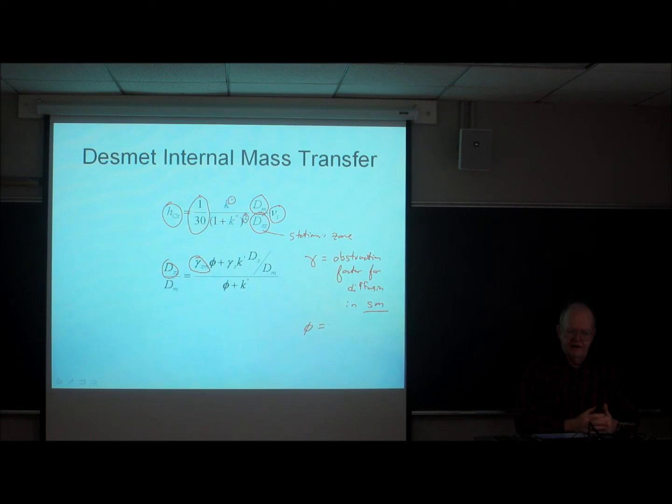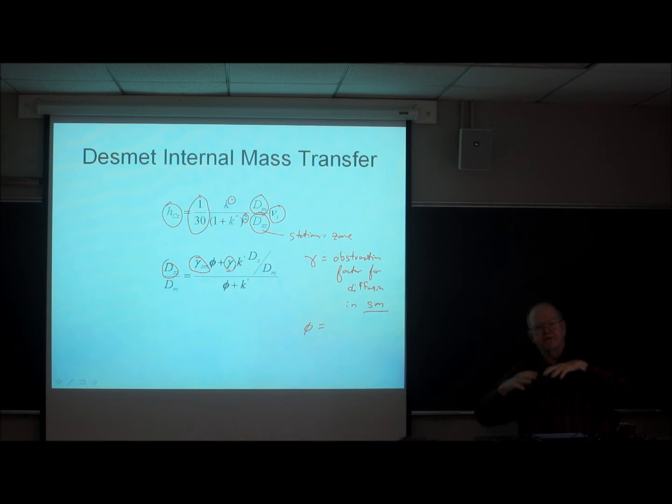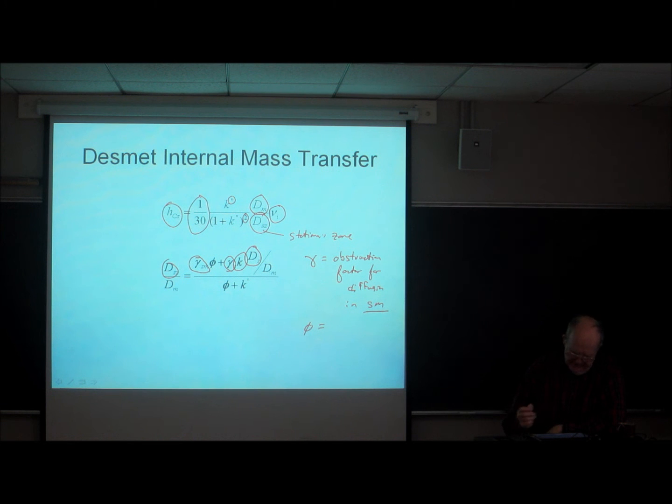If it doesn't fit in any pores, that means there's no stagnated mobile phase. Gamma S is the obstruction factor for diffusion on the surface, on the interior surface of the stationary phase. K prime is your normal chemical retention factor, and DS is your diffusion coefficient in the stationary phase, on the surface of the stationary phase. And DM is your regular diffusion coefficient in the mobile phase.